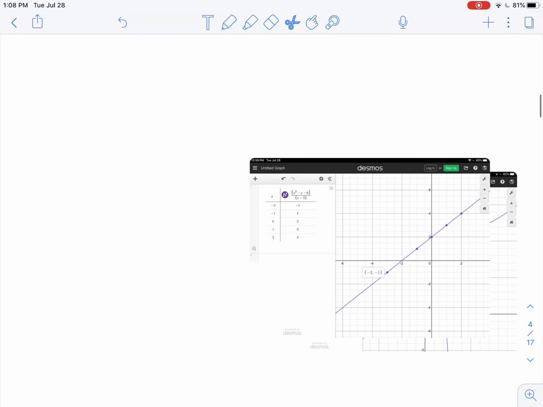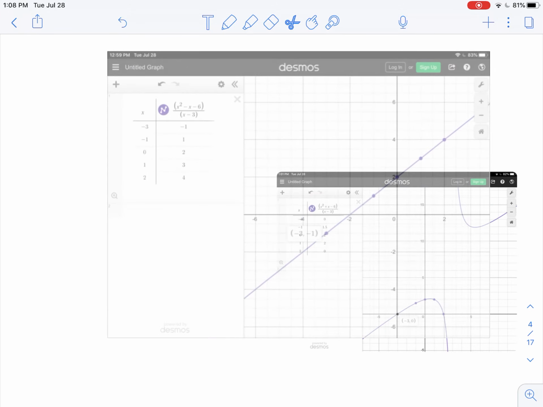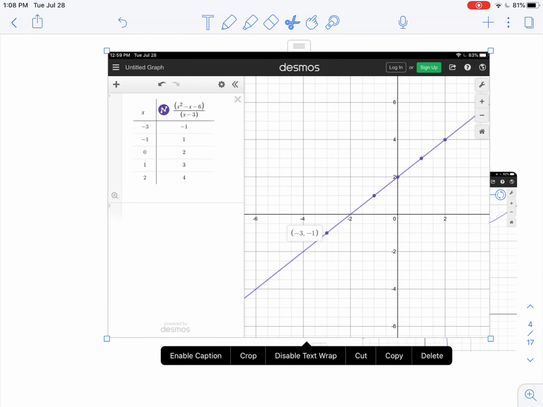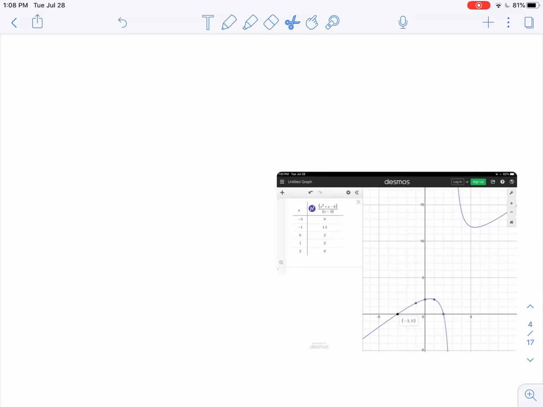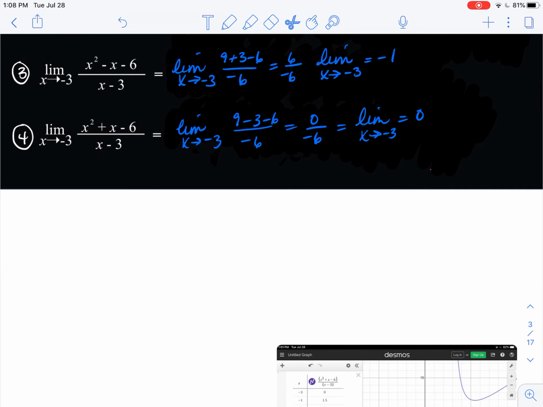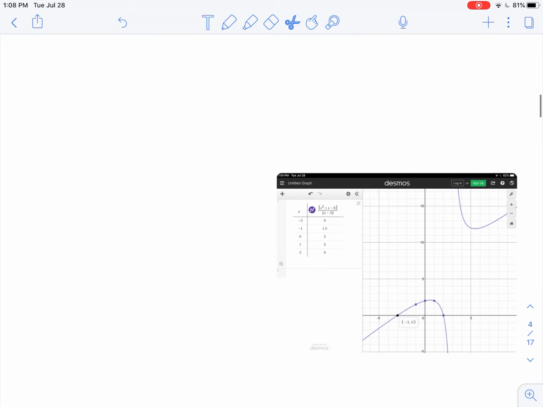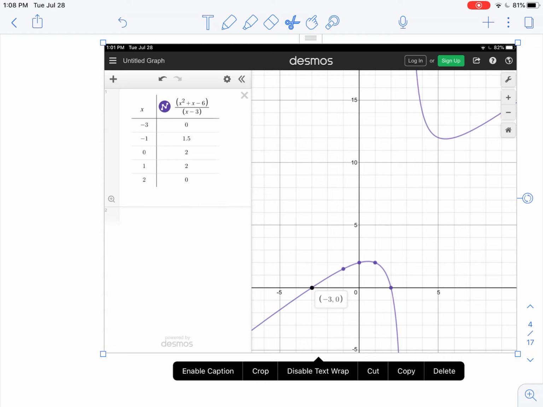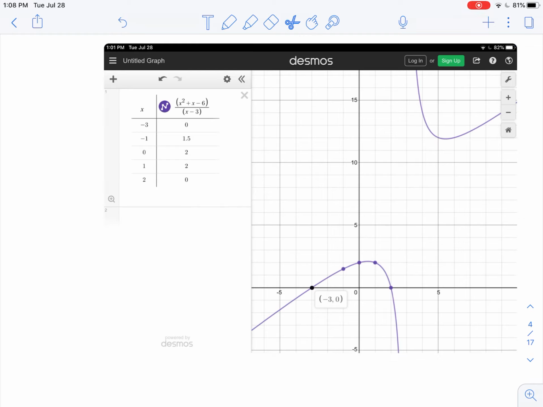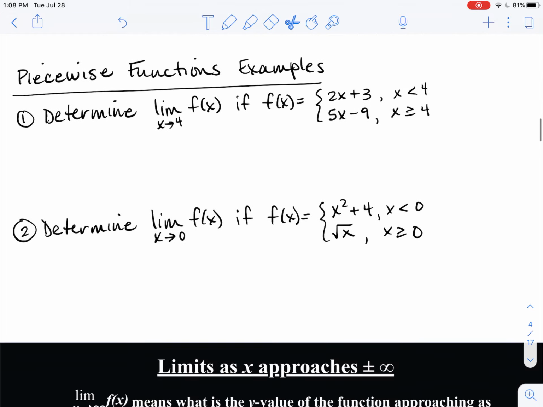All right, in the next problem, we said the limit as x approached -3 was -1. That's a point that's defined on the graph. And there it is. And in our last problem, we said the limit equaled 0. The y value equaled 0, and so let's take a look at that one. And there it is. It is the x-intercept on the graph.